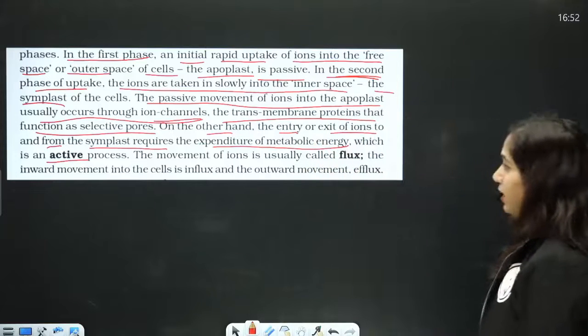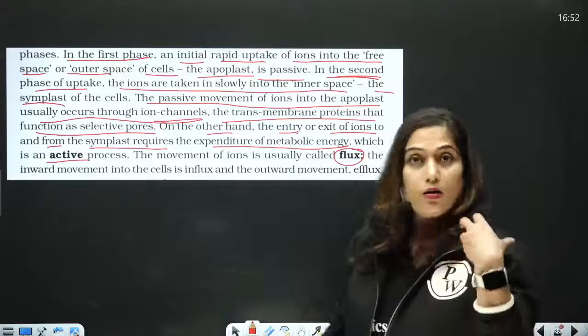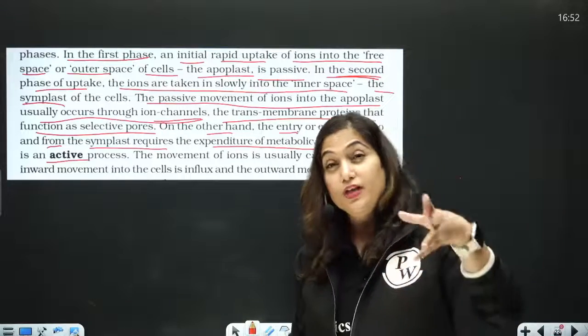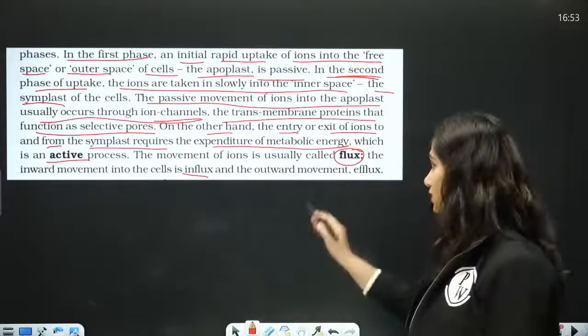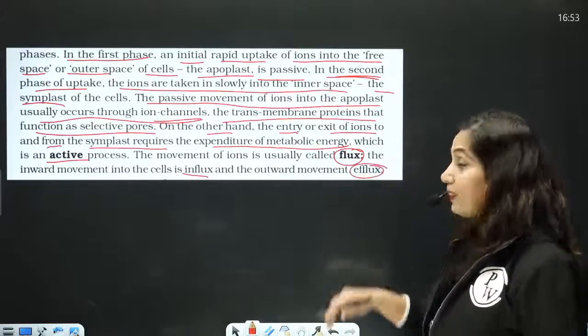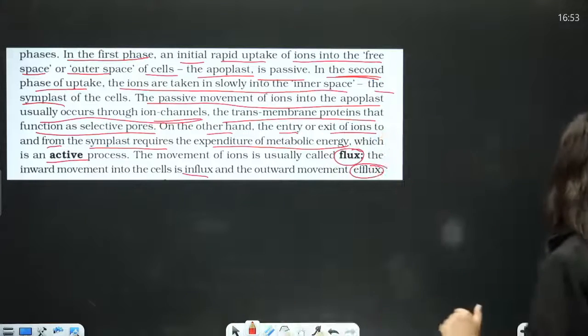Okay, clear? The inward movement of elements into the cell is called influx, and the outward movement is called efflux. Clear? Now let's move further.